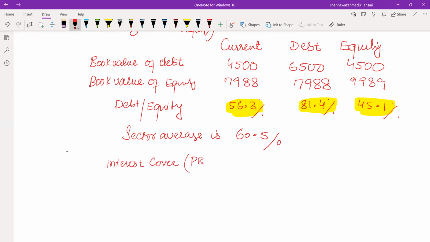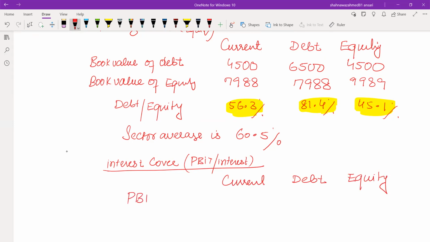Now the next one is interest coverage ratio. Formula is PBIT over interest. We can identify current, or in case of debt financing, or in case of equity financing. So first of all, what is my current PBIT? It's 1,597. Current interest, it's 315.